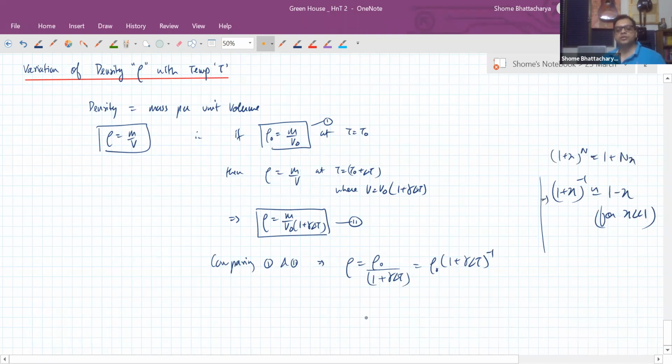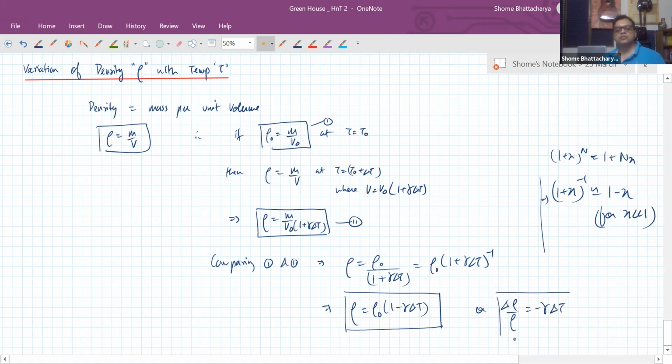So density decreases with increase in temperature. It's very simple. If the volume expands for the same amount of mass, then the density should be decreasing. So that's the concept here.